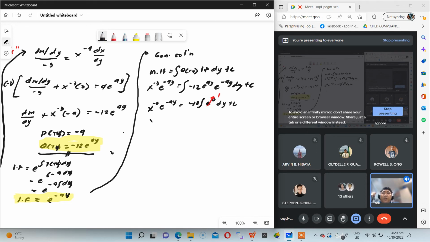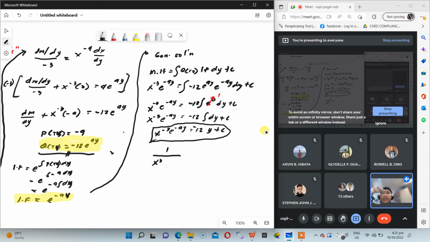So therefore, that is just negative 12 integral of dy plus c. So therefore, that is simply negative 12y plus c. You could have it like this already, or you could simplify, you could make it like this.